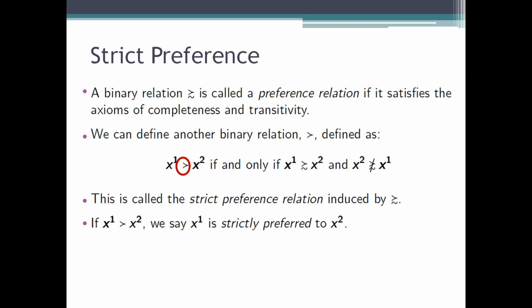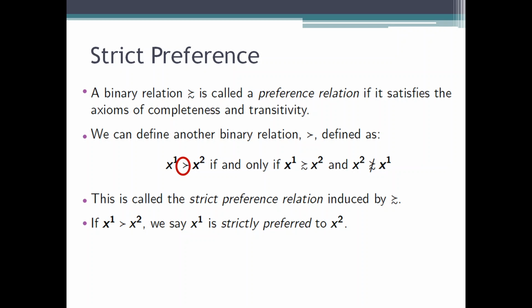So x1 is strictly larger than x2 if and only if x1 is at least as large as x2 and x2 is not at least as preferred as x1. What do we mean by this?